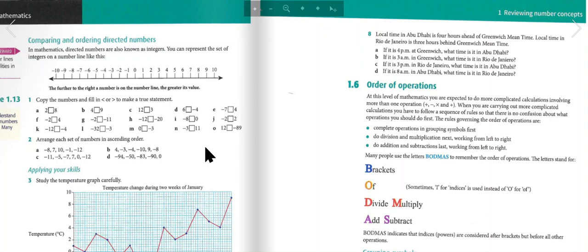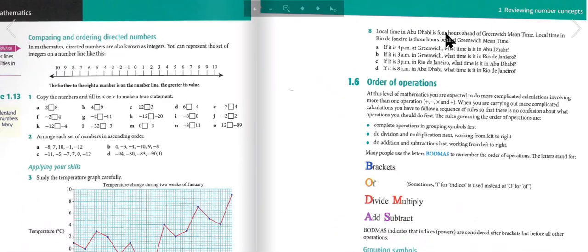Question number 8. Also the last question before the next lesson. The local time in Abu Dhabi is 4 hours ahead of Greenwich Mean Time. Local time in Rio de Janeiro is 3 hours behind Greenwich Mean Time. If it is 4 p.m. at Greenwich, what time is it at Abu Dhabi?